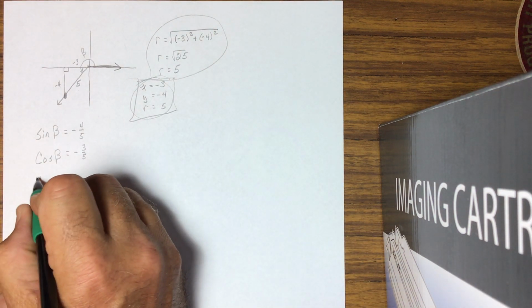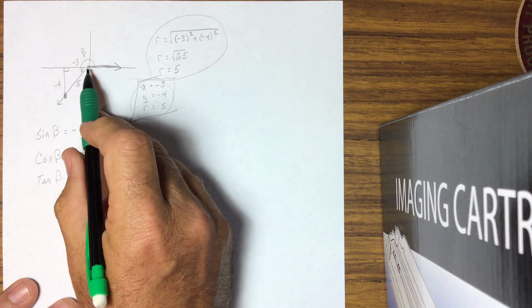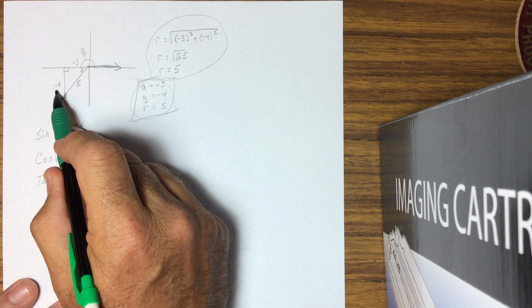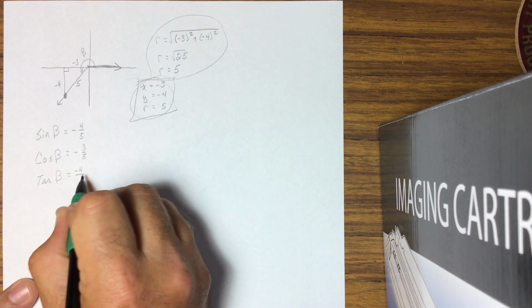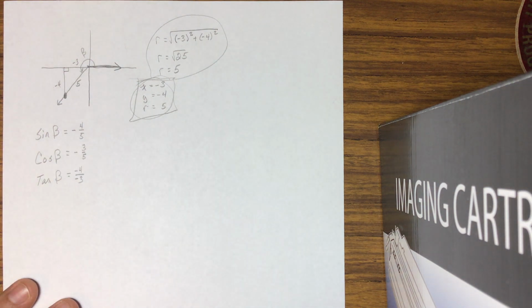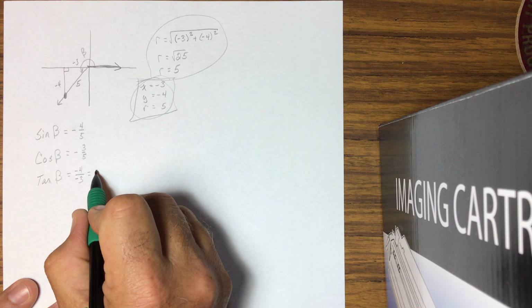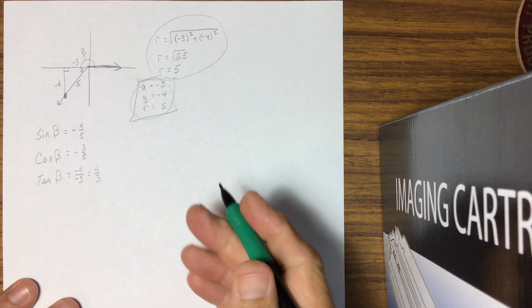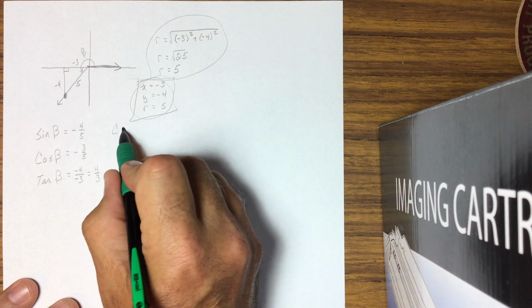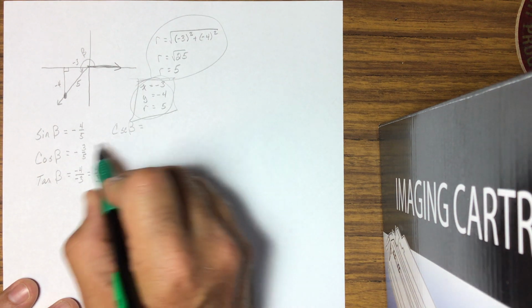And then tangent of beta. That's going to be opposite -4 over adjacent -3. So -4 over -3. That's not my final answer, because two negatives make a, that's right, it makes a positive. So the final answer here for tangent of beta is +4 over 3. And then we'll go back and get a reciprocal function. So the cosecant of beta is, flip it over.